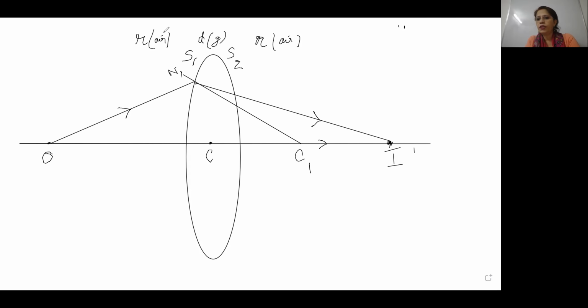But the lens is having two surface, S1 and S2. So what about S2? Again here, denser to rarer medium, it is going from denser to rarer medium. So again, the second refraction is also there. So what will happen now? One more normal is there. So let us draw the another normal. This is the another normal drawn over here.